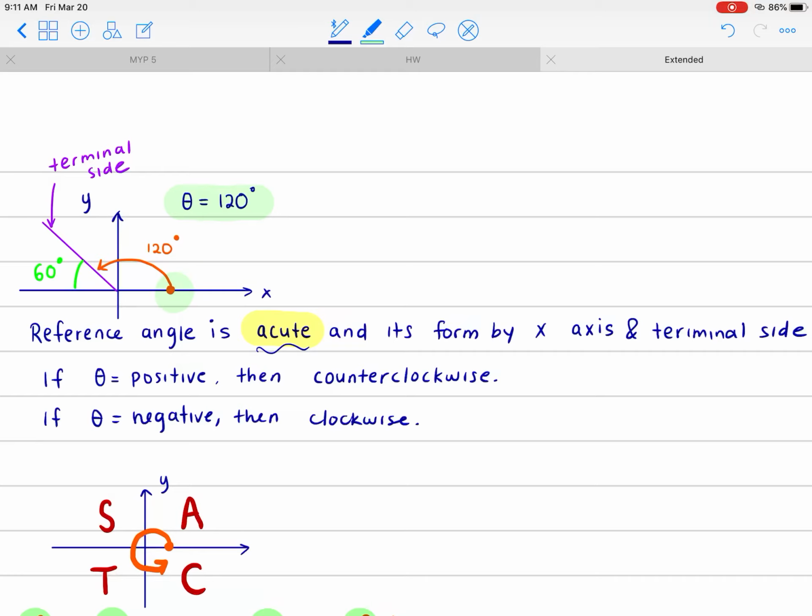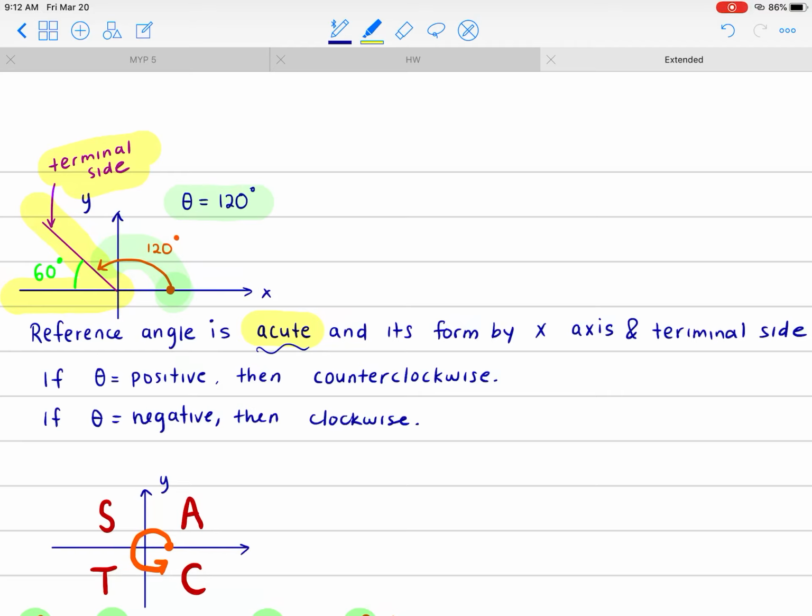So 120 degrees lies in the second quadrant. So all of that in orange is 120 degrees. Unfortunately, this 120 degrees is not a reference angle because it is an obtuse angle. So we need to find an acute angle that is formed by the terminal side and the x-axis. So those two, that's 60 degrees.